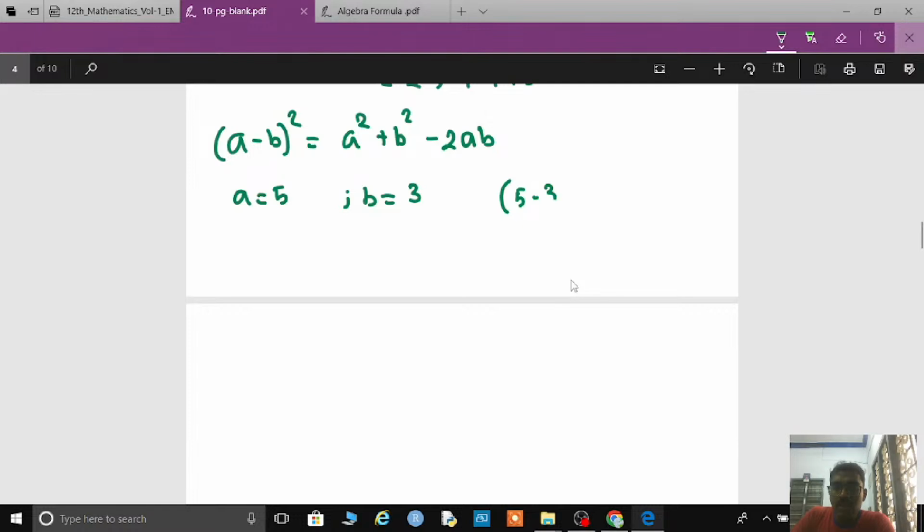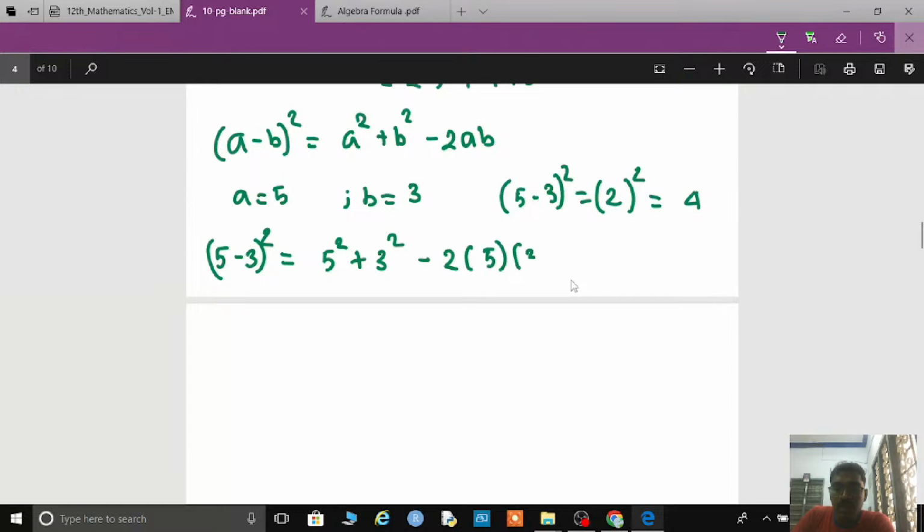So (5 minus 3) the whole square is nothing but 5 minus 3 means 2, the 2 square, which is nothing but 4, because 2 into 2 will become 4. By the way, we can replace with the relevant formula: (5 minus 3) the whole square is 5 square plus 3 square, because here the b is positive, and minus 2 into 5 into 3.